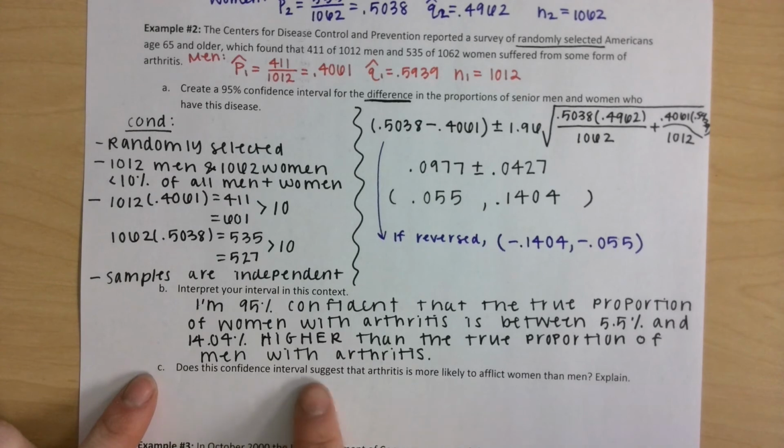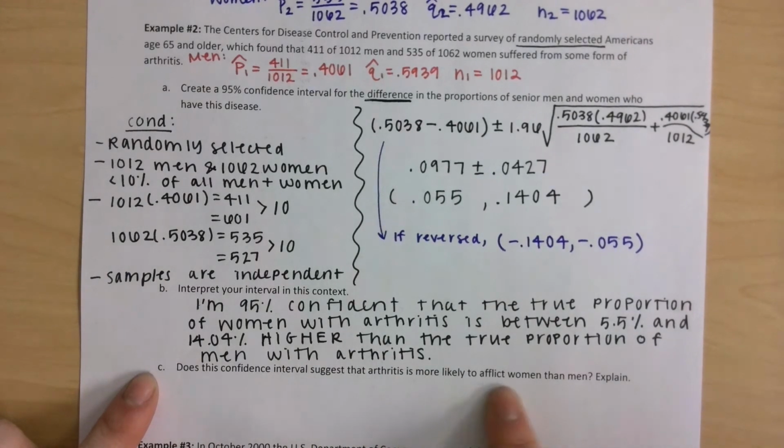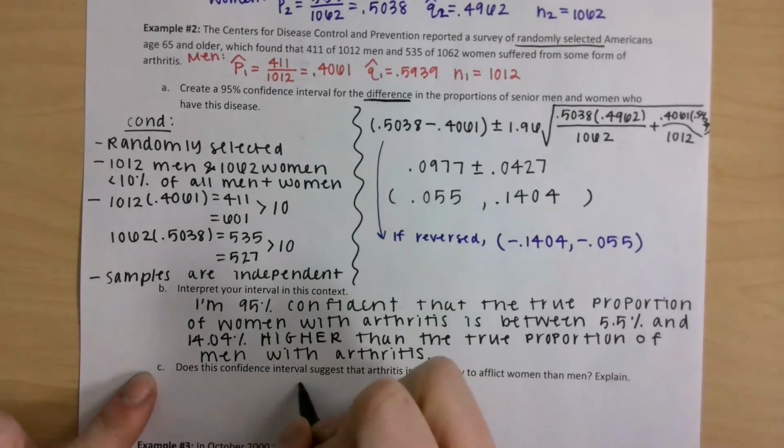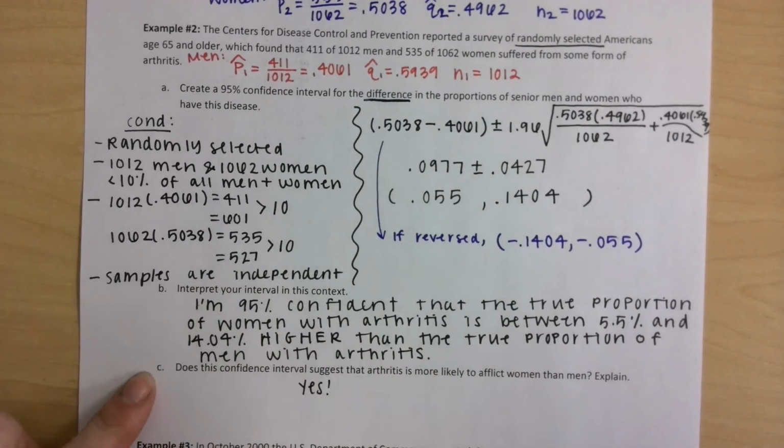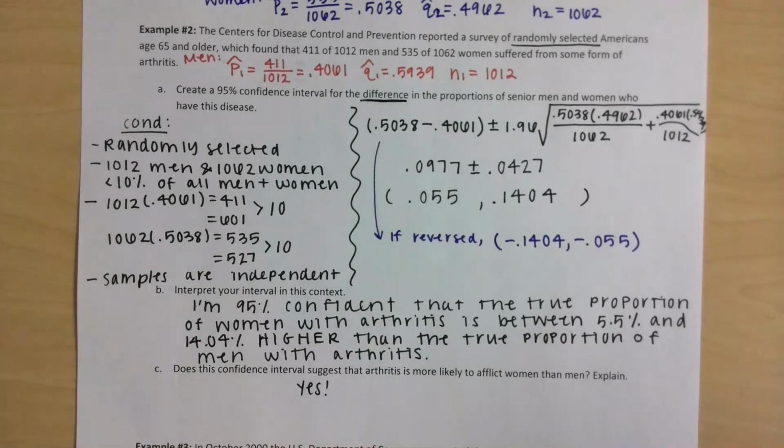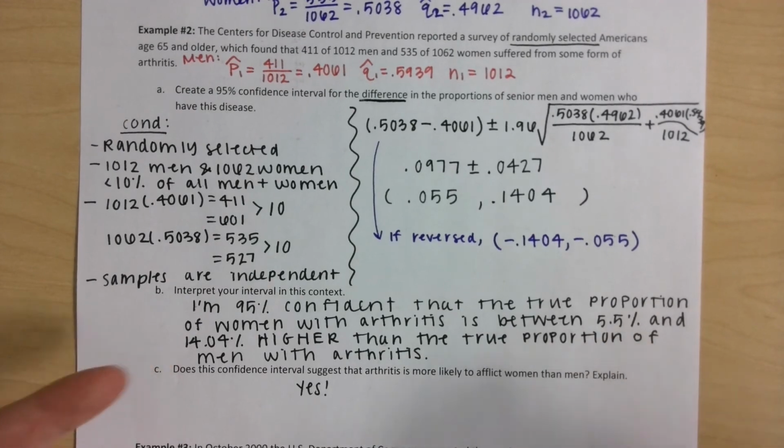Okay, does this confidence interval suggest that arthritis is more likely to afflict women than men? Yes, absolutely. We just said that we are 95% sure that the women are more likely to have arthritis than men. I know that it's somewhere between 5% and 14% higher, but I'm pretty confident that it is higher.